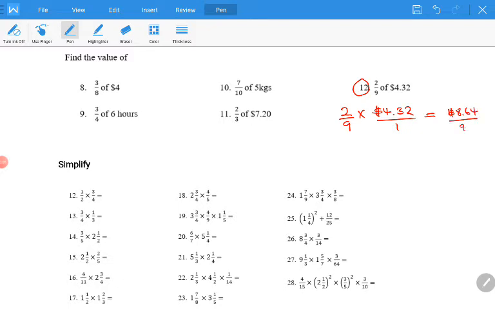Then if I divide by 9, 9 into 8 gives me 0, remainder 8. 9 into 86 gives me 9, remainder 5. 9 into 54, that's 6. So the answer here is 96 cents.